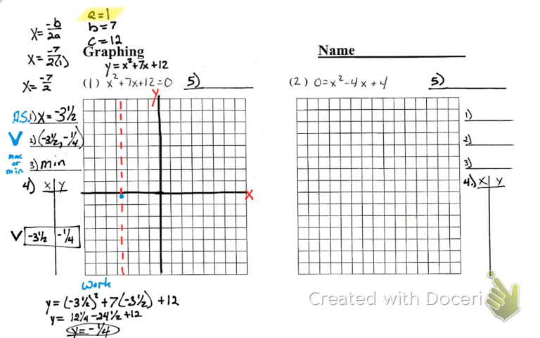So again, I'm going to go back to my graph and I'm going to say, okay, what is just right to the right and right to the left of my axis of symmetry? In other words, if this red line is on negative 3.5, what's just to the right and just to the left of negative 3.5? Well, a half a space to the right would be right here, and that x would be negative 3, right?